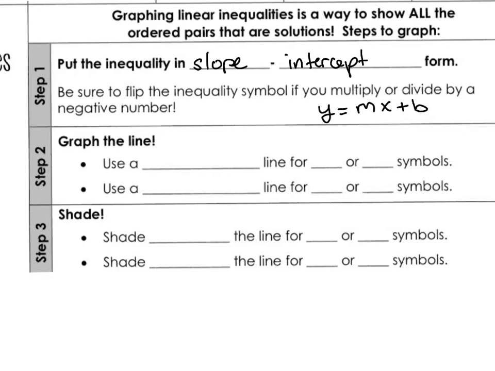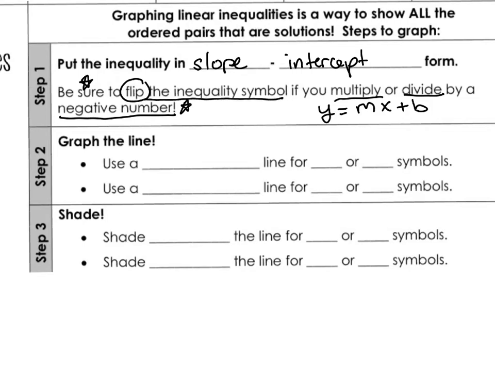One thing here is important. We've done this a million times when looking at inequalities: when you multiply or divide by a negative number, you need to flip the inequality.